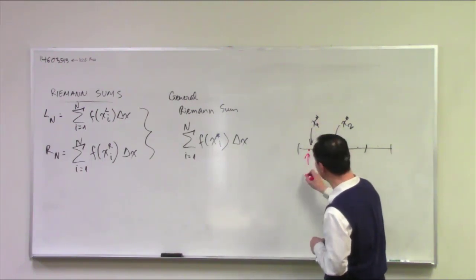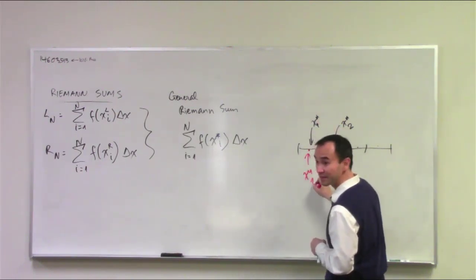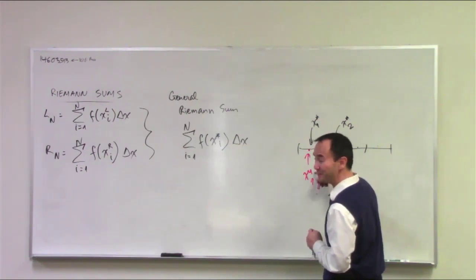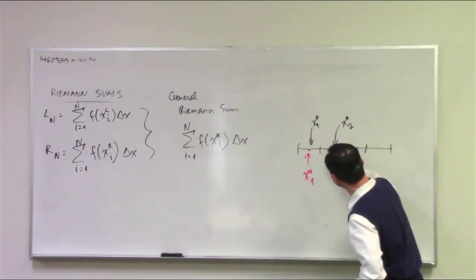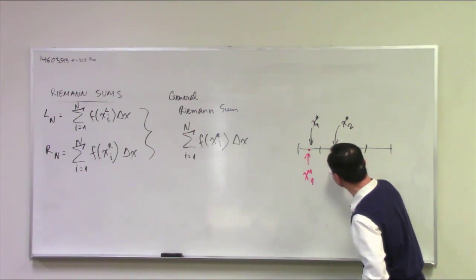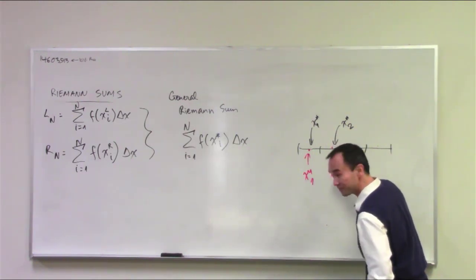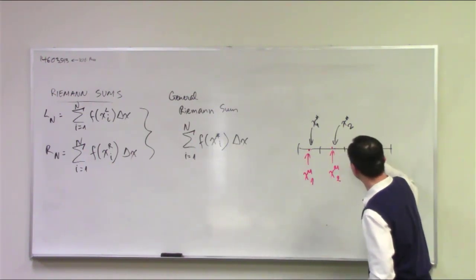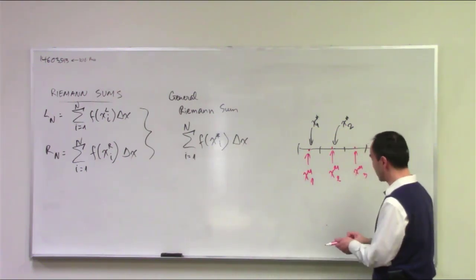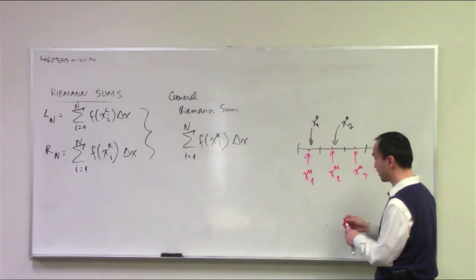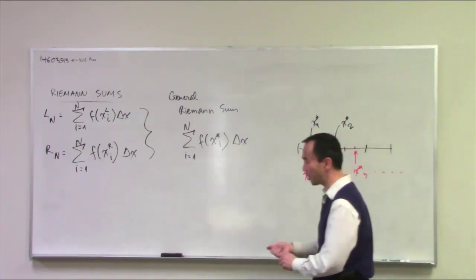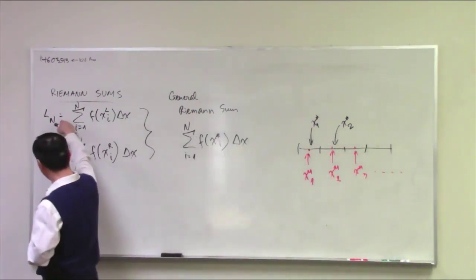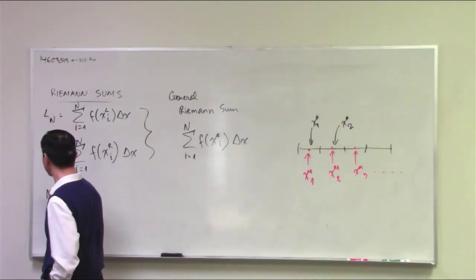For the first interval it becomes xm1, the midpoint. Then in the second interval, I pick the midpoint again, and I call it xm2, the sample point in the middle of the second interval. And then so on and so on. We can pick the middle of the third interval, xm3, and so on. And so, yes, ladies and gentlemen, we can also go with the so-called midpoint rule as well. So we got left endpoint, right endpoint, and we got midpoint.